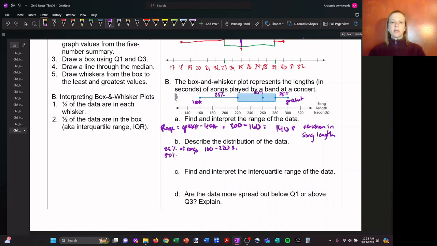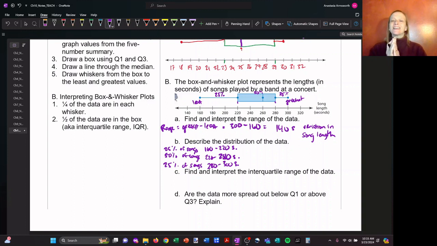And then I know 50% of the songs were between 220 seconds and 280 seconds. And then I know that 25% of the songs are between 280 seconds and 300 seconds. So we kind of have a sense of where most of the songs fell in terms of their song length.